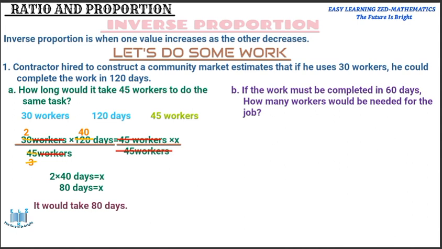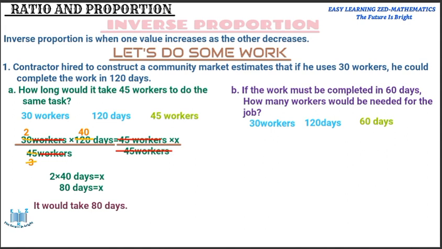Here we go back to the statement like we did earlier, where we are given that 30 workers would take 120 days. When we come to the question, we are given 60 days. How many workers do we need?